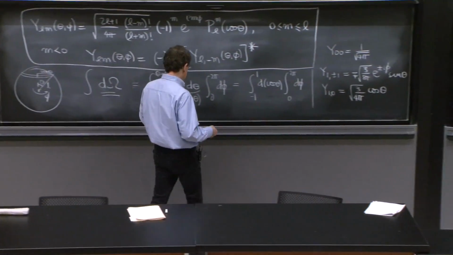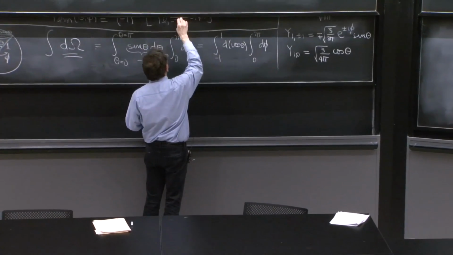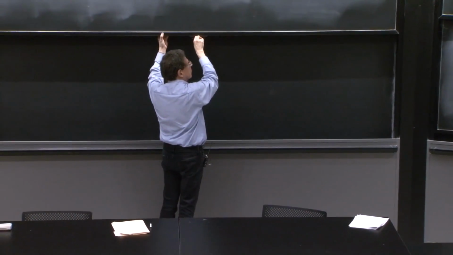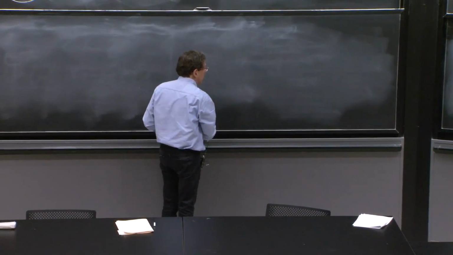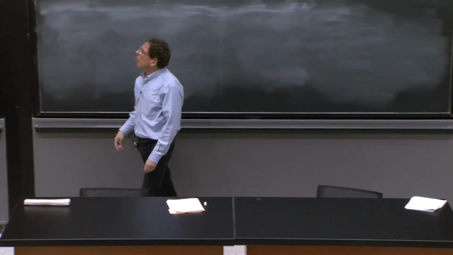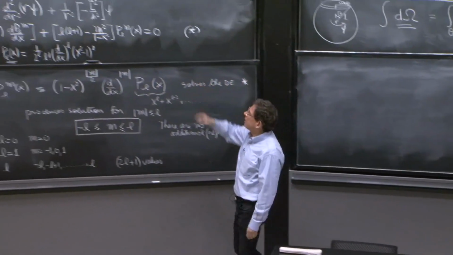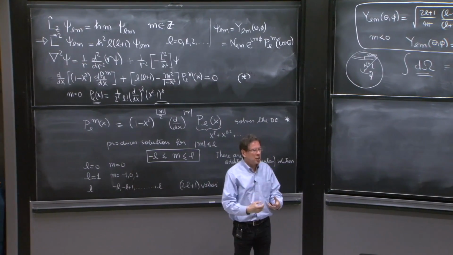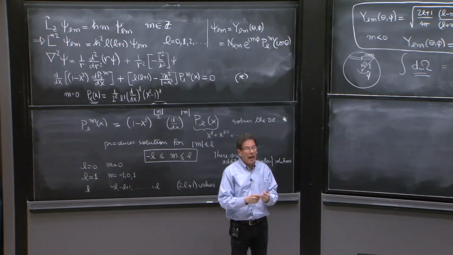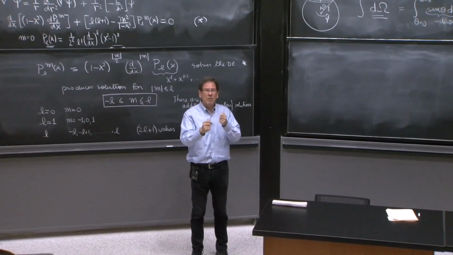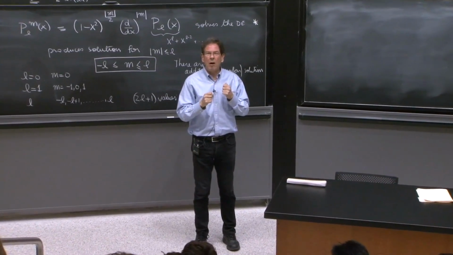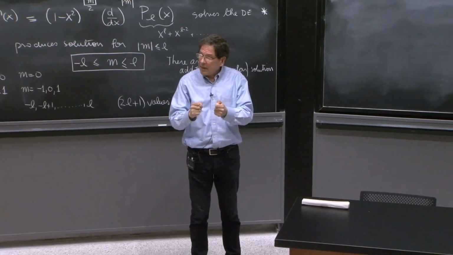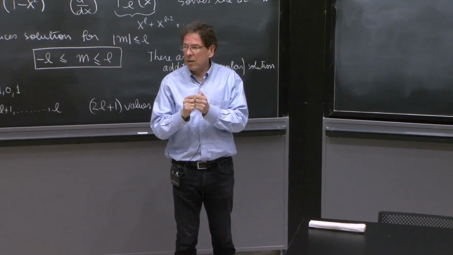So what does this all mean for our spherical harmonics? Well, our spherical harmonics turned out to be eigenfunctions of Hermitian operators, and if they have different L's and M's, they have different eigenvalues.